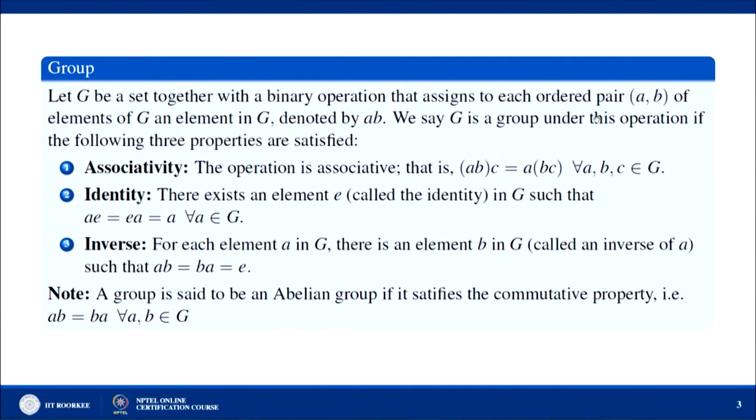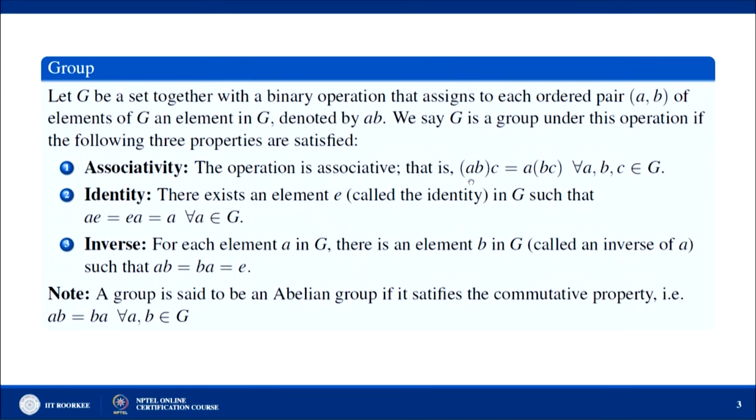We say G is a group under this operation if the following three properties are satisfied. First of all, the operation which we are defining on the set G is a binary operation. Binary operation means it satisfies closure property. That means you take any two arbitrary elements of the set G, the resultant element is also in G.